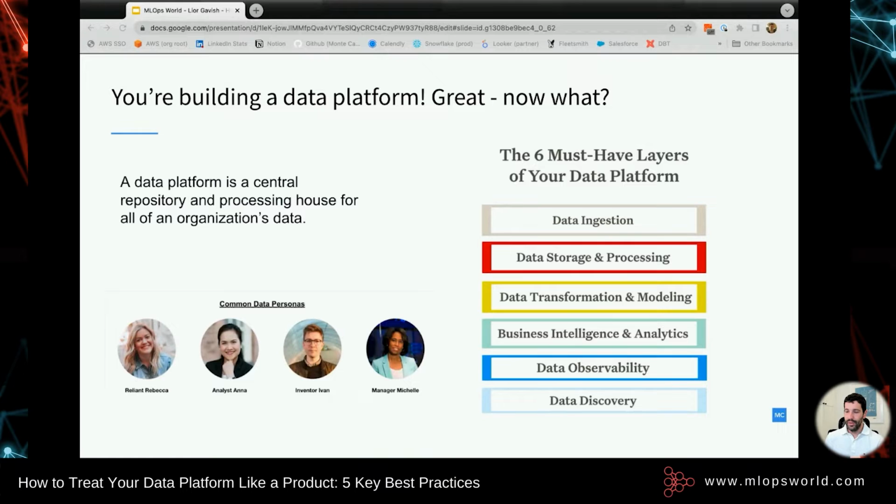Whether you have a data platform team that's fully dedicated to building the platform, or whether it's being built by individuals in various data teams as side projects, you do have that set of tools that perform these functions, and it's critical to evolve them in the right way.